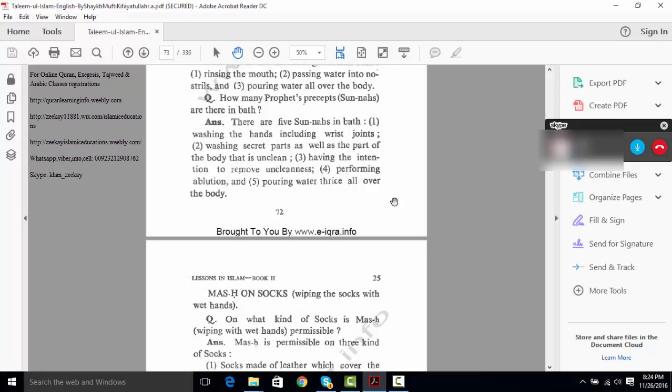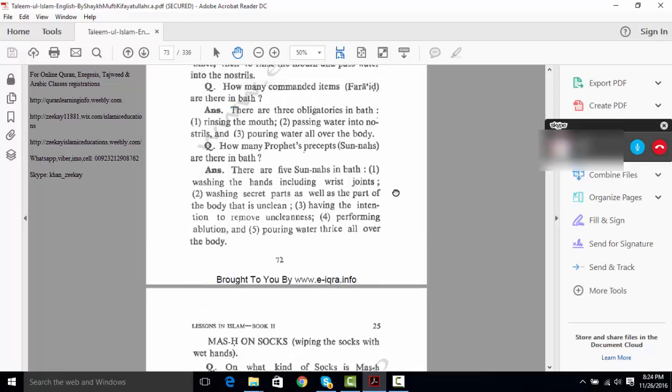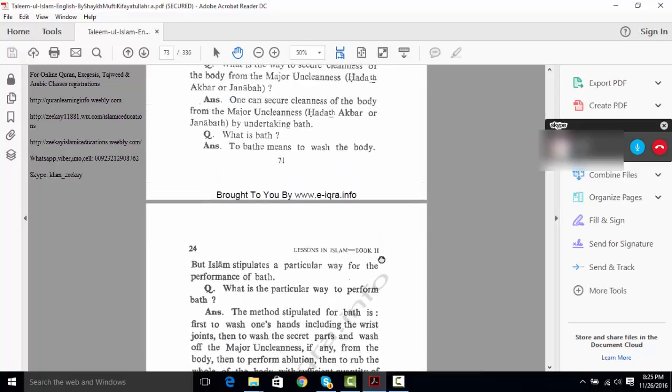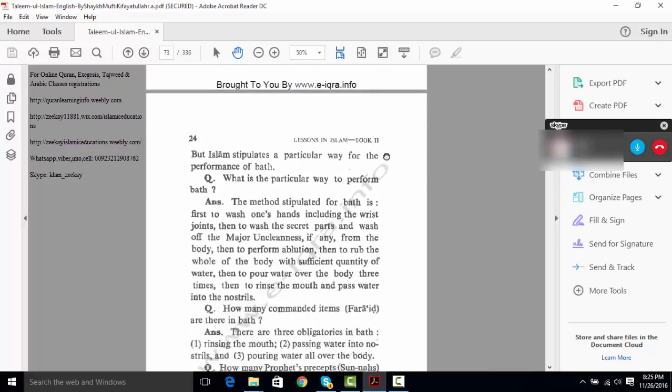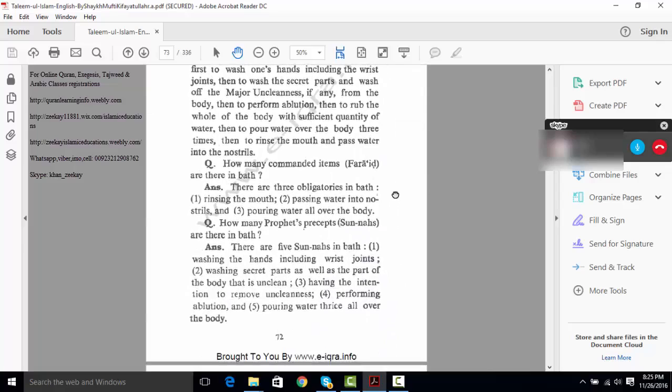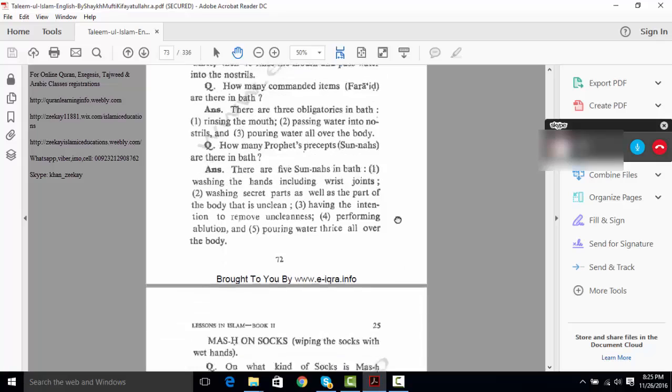Understand? Okay, now today we have done what is bath, when we need it, and then commanded functions of bath, and also the sunnats of bath, right? We'll start inshallah.